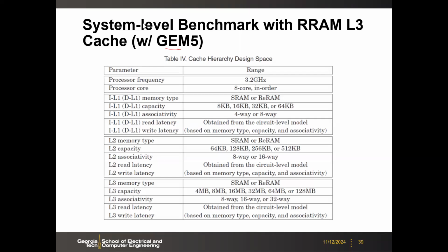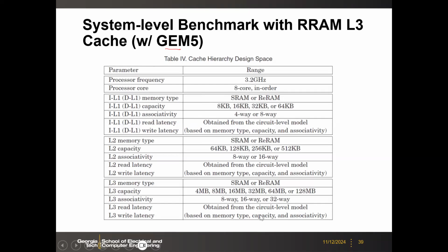Right. So anyway, you have to configure the entire CPU architecture. In this particular example, let's say we now design this L3 cache with RRAM. Now we want to evaluate if you plug this into the CPU, then what would be the CPU performance? So you have to define the CPU spec, like a clock frequency, 3.2 gigahertz, and then 8-core multi-core. And then L1, L2, L3 cache, each level, the capacity, and whether you use SRAM or RRAM.